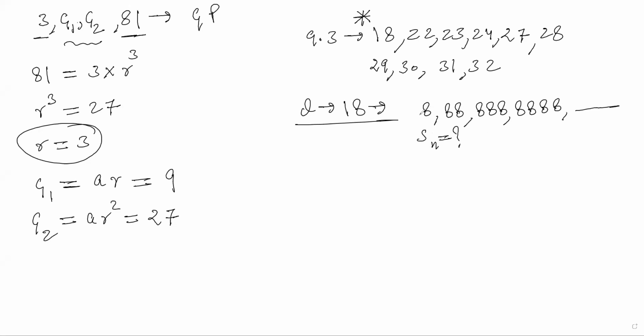This can also come in points, 0.8, 0.88, 0.888, 0.88888, similar. Now how to find Sn? So to find Sn, just think about this. What will be Sn? First term is 8 one time, second term is 8 two times, third term is 8 three times. So what should be the nth term? Can someone tell me?